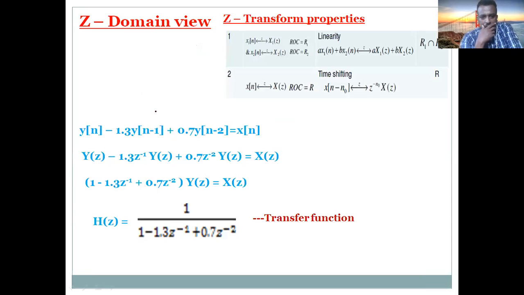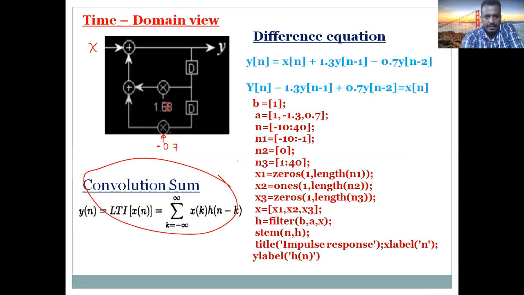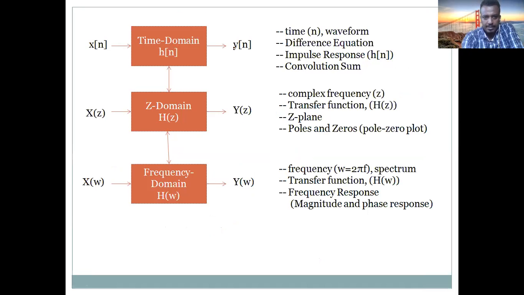So in this case, let's take this system. X and Y are represented in time as a function of time, but in Z domain they will be a function of Z. X of n will be transformed to X of z, output also transformed. How are we going to transform?